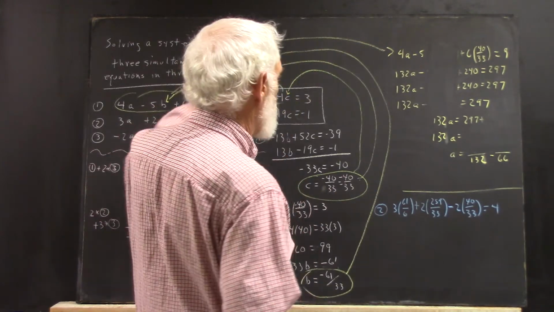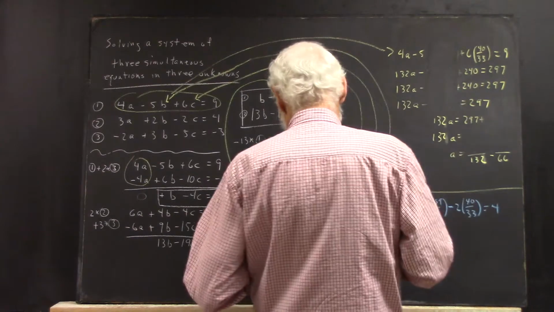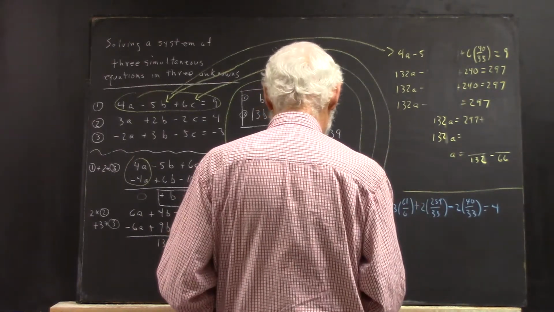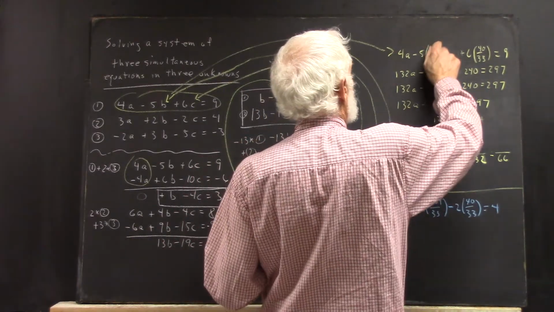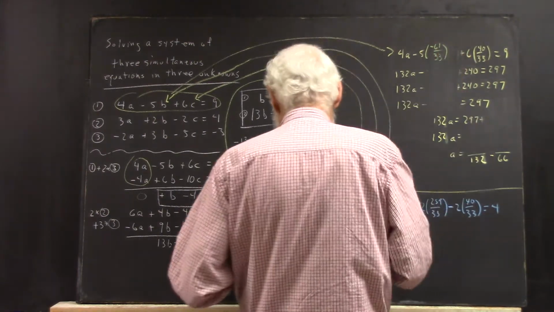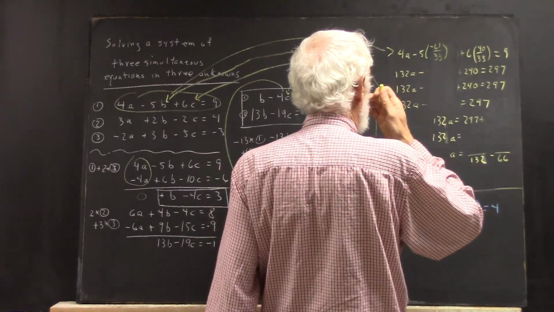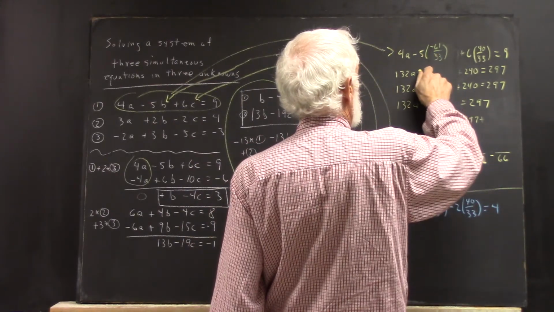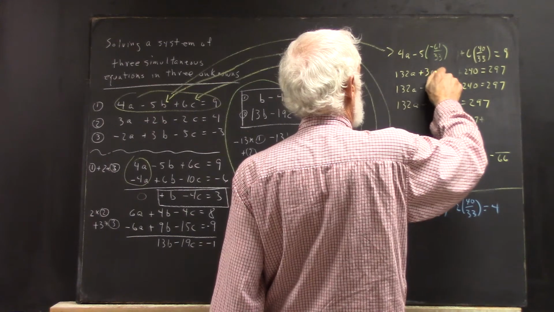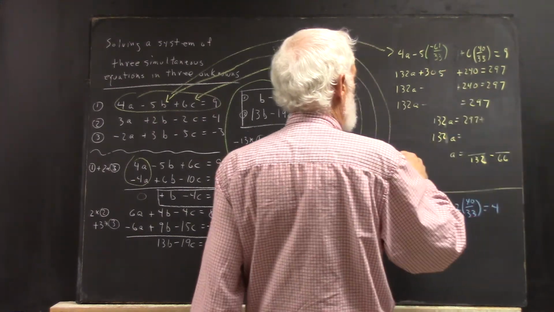Okay, I've got the negative 5b, but now b is negative 61 over 33. And let's get a matching color. That's not yellow. Okay. And then we get plus 305. And then the 240 is still okay.